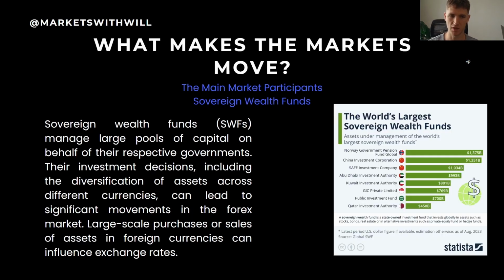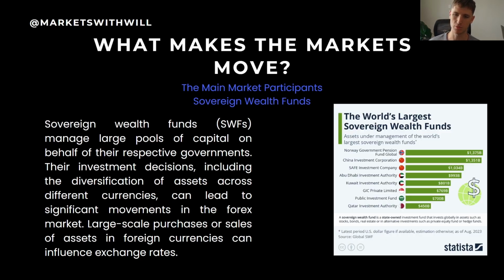Now, sovereign wealth funds. They manage large pools of capital on behalf of their respective governments. Their investment decisions, including the diversification of assets across different currencies, can lead to significant movements in the foreign exchange market. Large-scale purchases or sales of assets in foreign currencies can influence exchange rates, which is what we were talking about before.